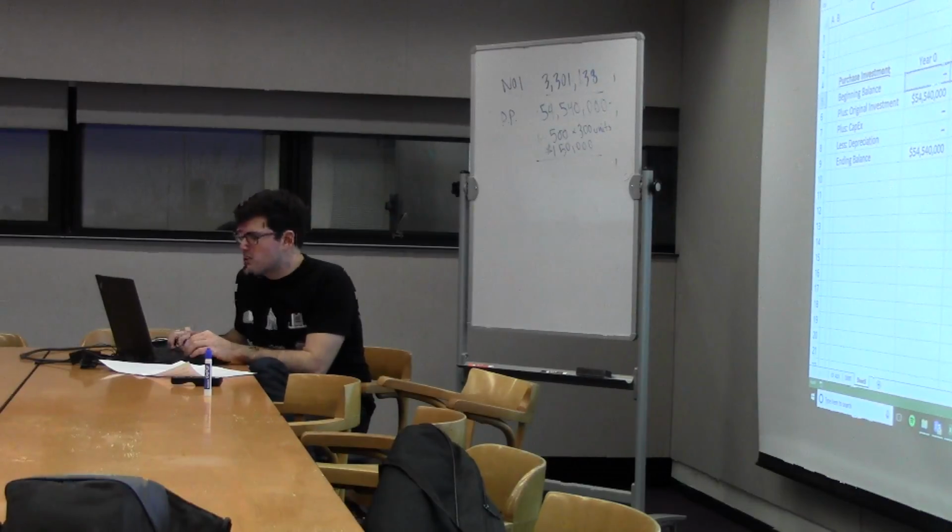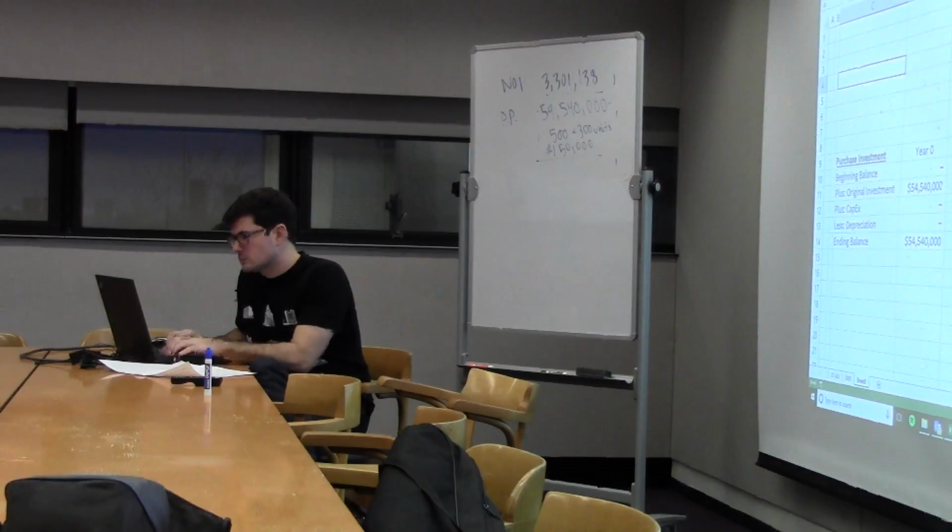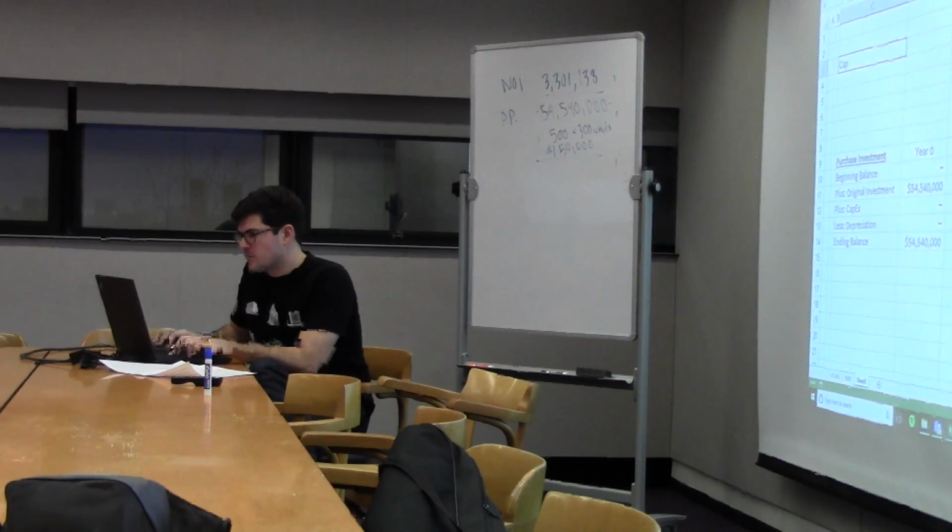So the beginning balance of year 1 is the ending balance of year 0. We do not make any more original investment, but we do have some CapEx. So our CapEx assumption is that we have 300 units, and then we have CapEx per unit, 500, right?